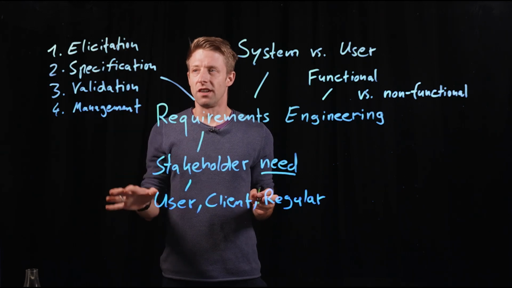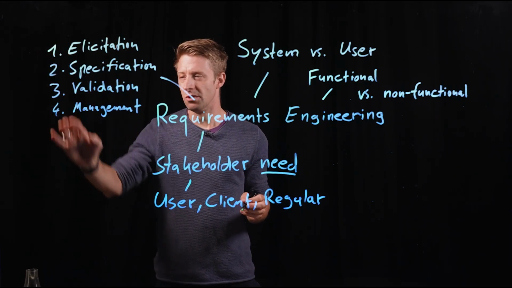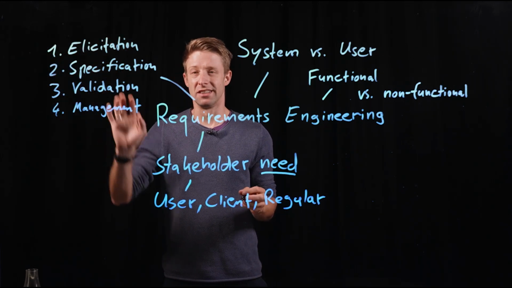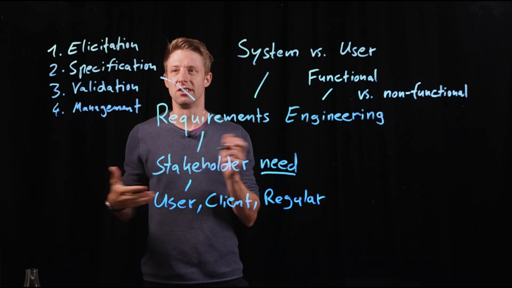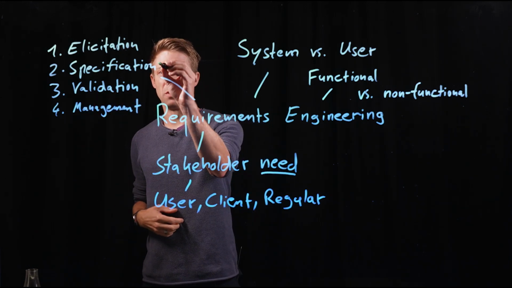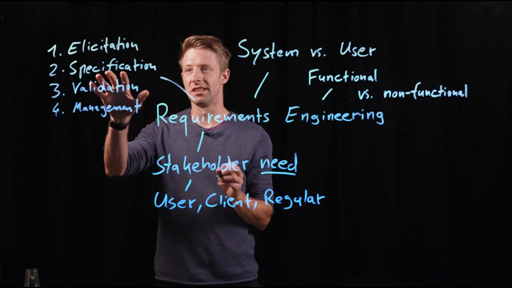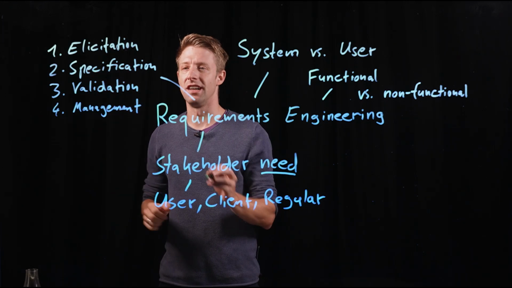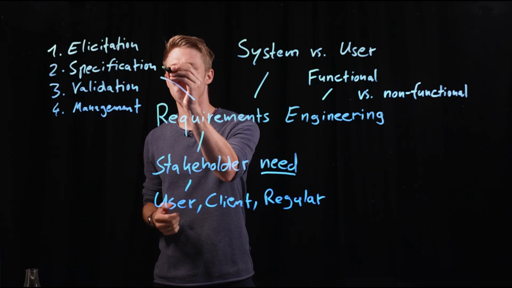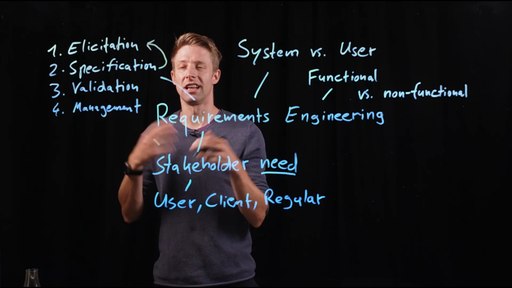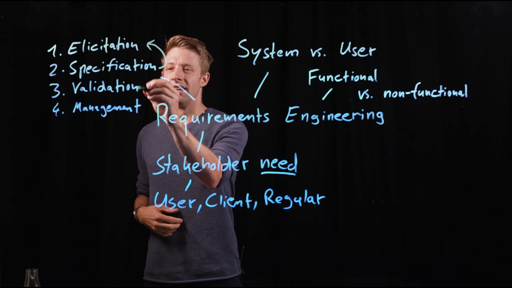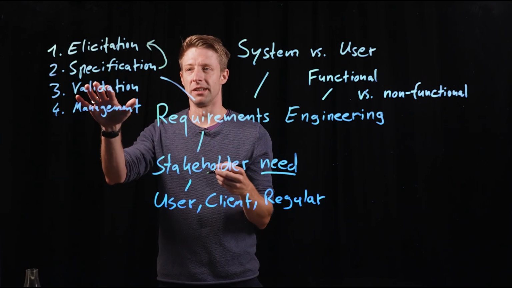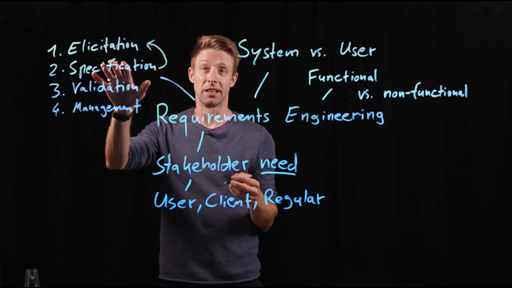Now, these 4 activities are written down here like they come in a sequential order, but it can be very intertwined. For example, you might already have something written down from a previous system. There is already something specified, but you realize something is missing, so you have to go back to elicitation. Or while you validate, you realize something is missing, you go back to the specification.